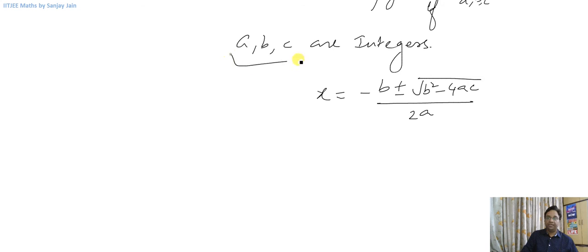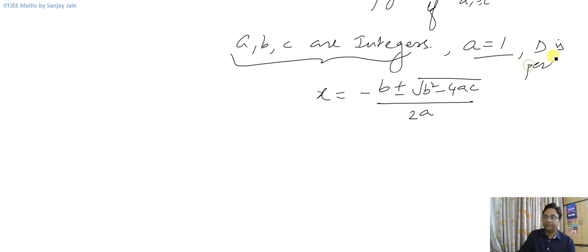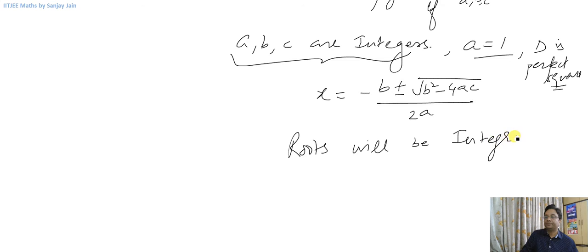So I am saying when a, b, c are integers and a is equal to 1, and D, that is b square minus 4ac, is a perfect square, then the roots will be integral roots, right?